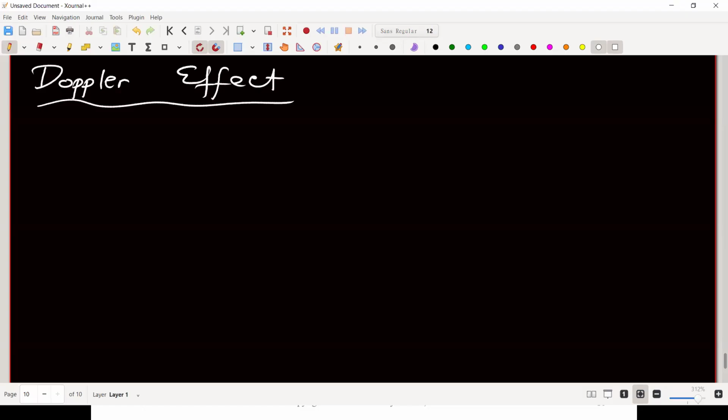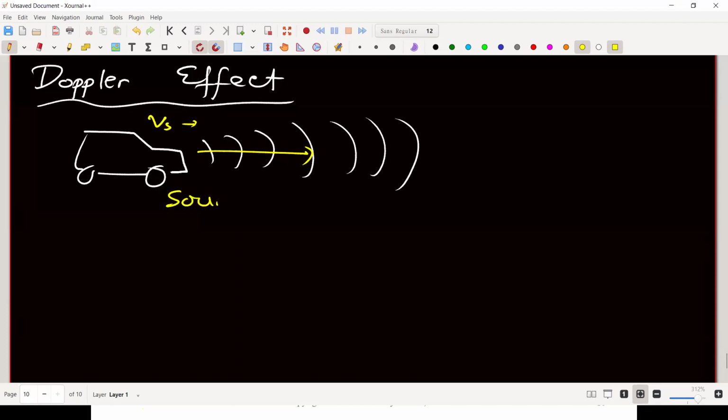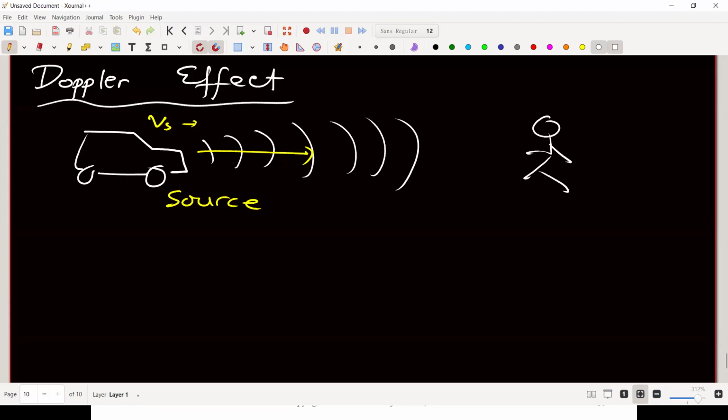For example, if we have the source of sound, this one is the velocity of the source. And then another one is people, the observer. So here is the velocity of observer.